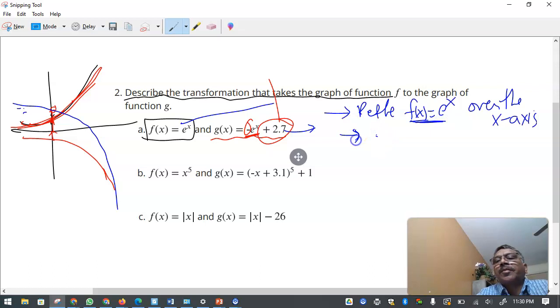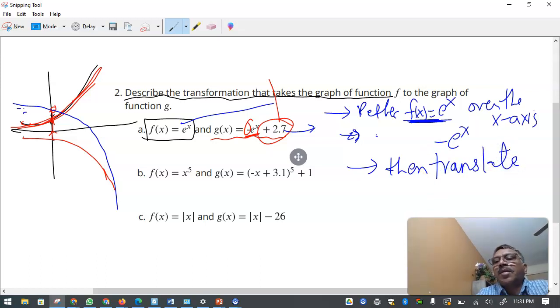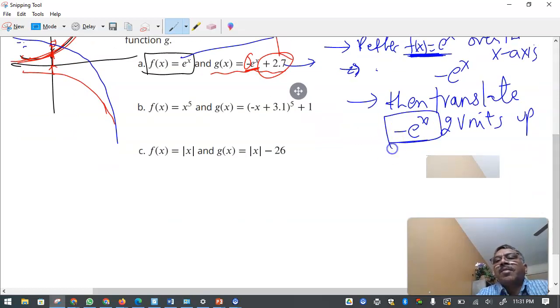When you reflect, what you get is minus e raised to x, right? The last step is you translate the new one, minus e raised to x, 2.7 units up. I think translate is the right word. That's it. So when you translate up, you get minus e raised to x plus 2.7. That's the new g(x).